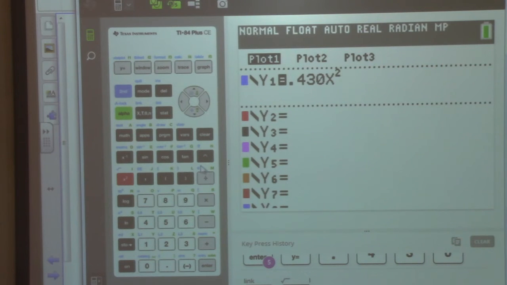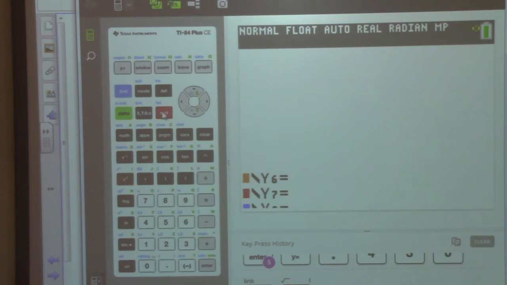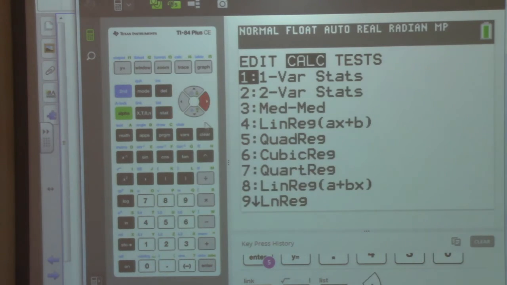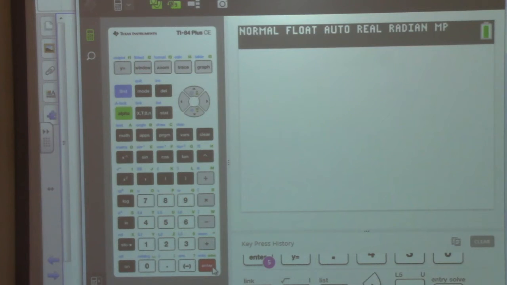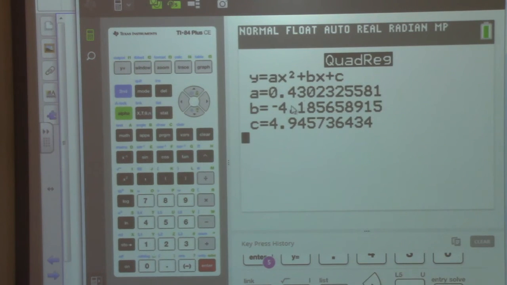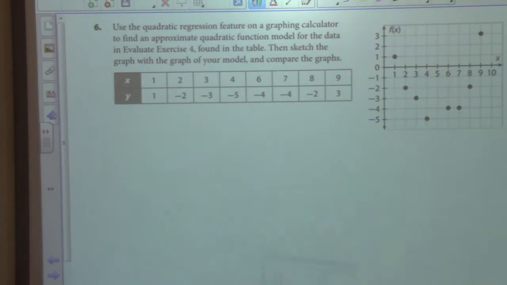Okay, and then what? It's negative. So minus 4.186.